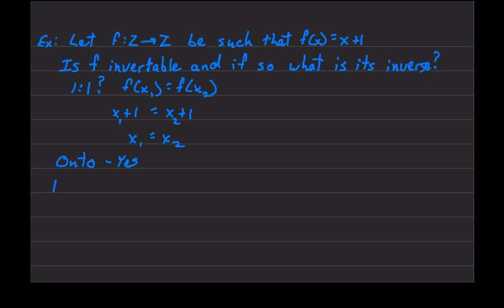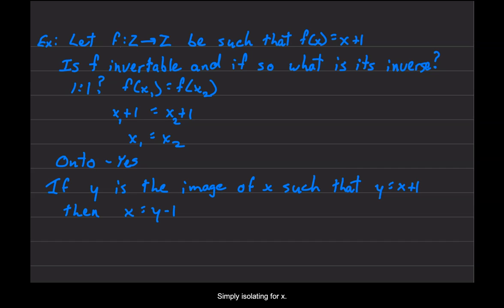And then we can say, okay, if y is the image of x such that y is equal to x plus 1, then x is equal to y minus 1, simply isolating for x.